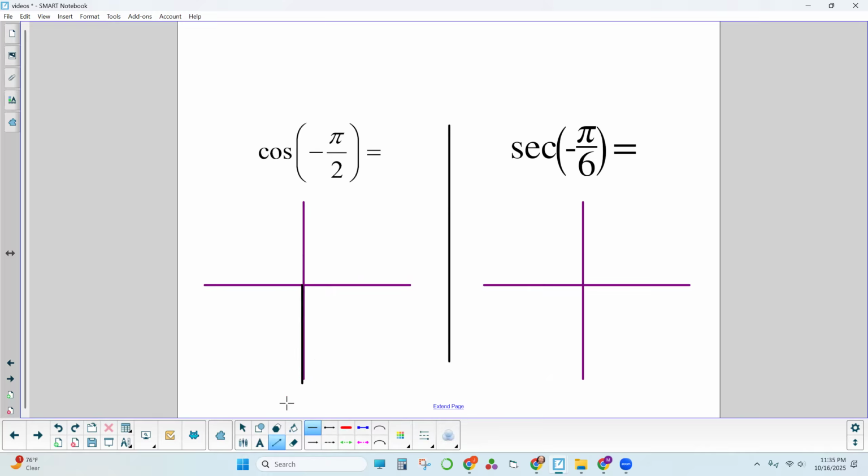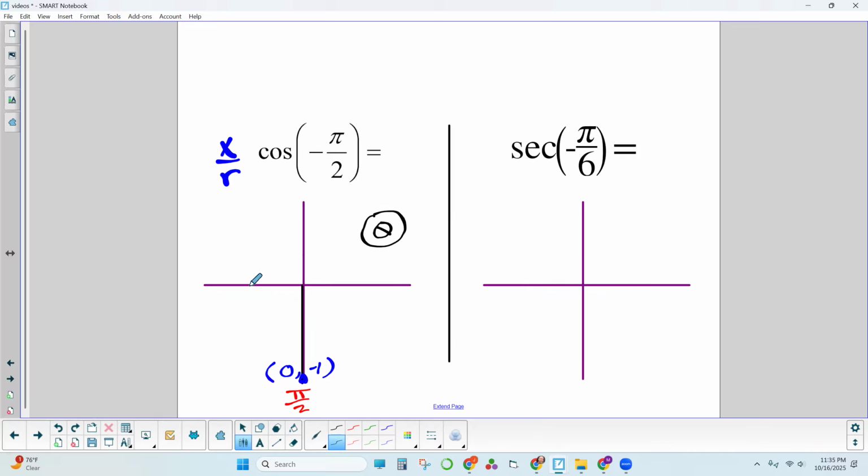Pi over 2 is right there. The coordinate on the unit circle there is 0, negative 1. So x is 0, y is negative 1, our radius is 1, and cosine is x over r. X over r is 0.